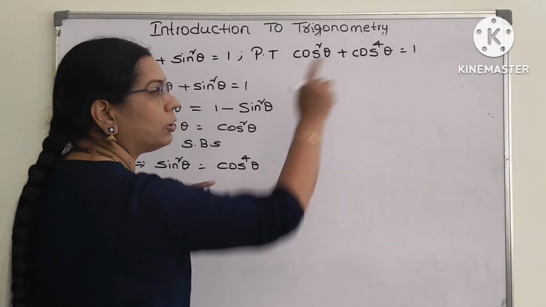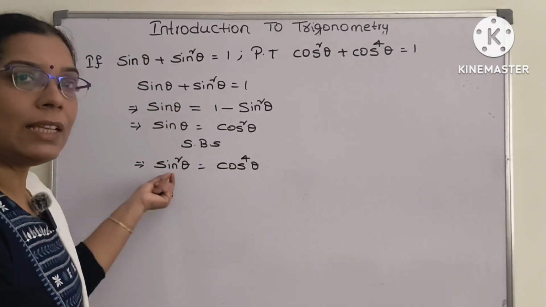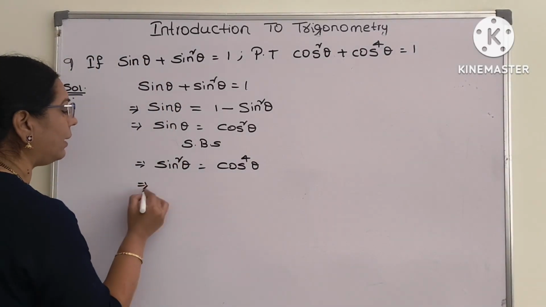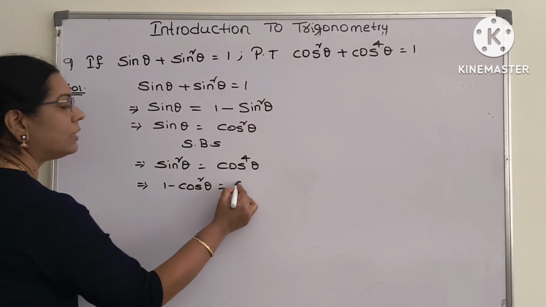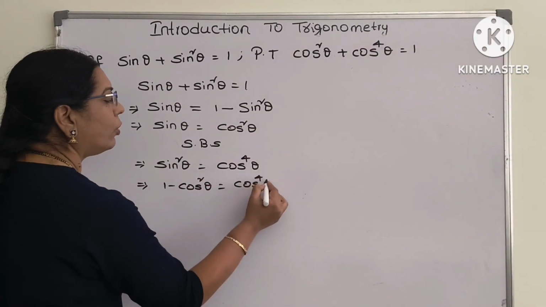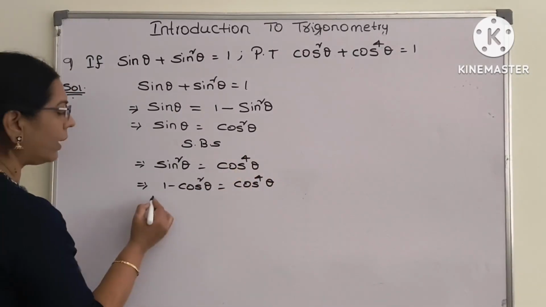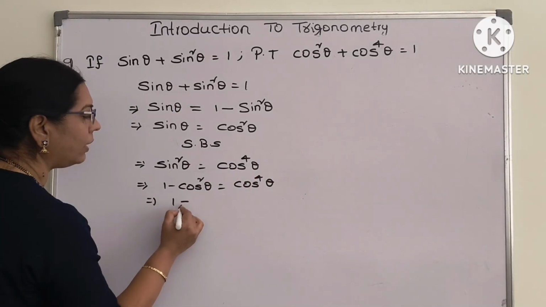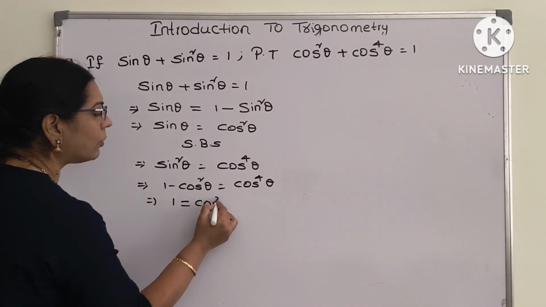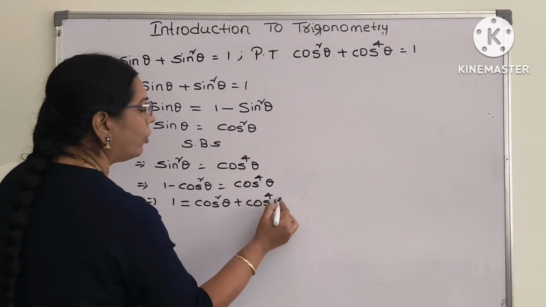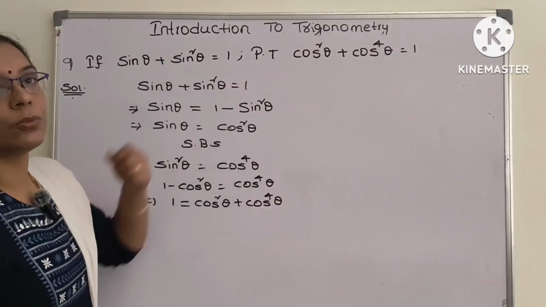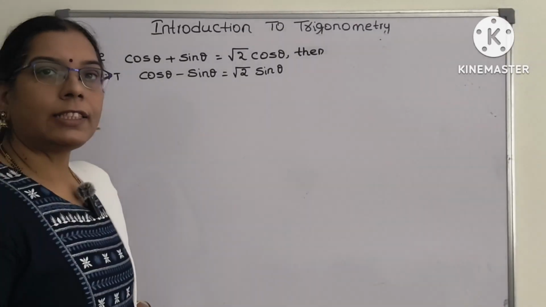So now I got my cos power 4, and sin square I can very easily write as 1 minus cos square theta, which is nothing but cos power 4 theta. Now take cos square theta to that side. So 1 is equal to cos square theta plus cos power 4 theta. And this is what they are asking. Next sum, children.